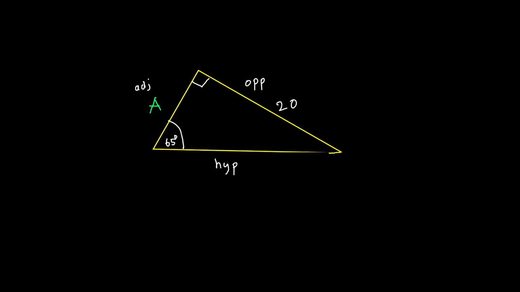Now, which will be used to find A? Well, that will be tan theta. So tan theta is opposite over adjacent.